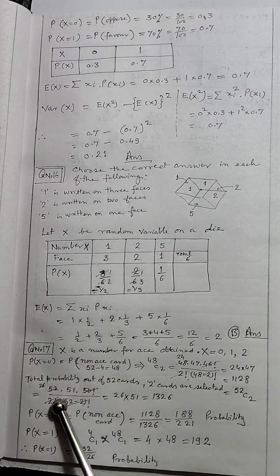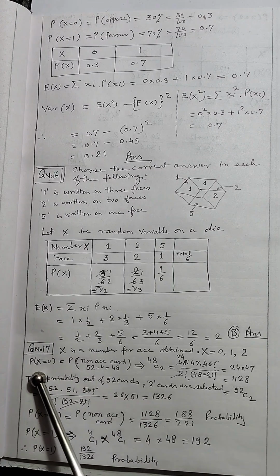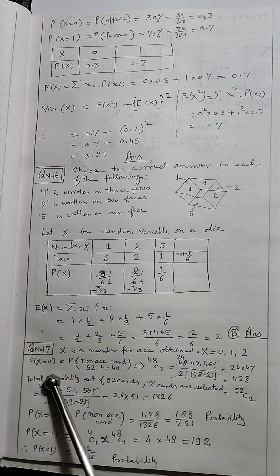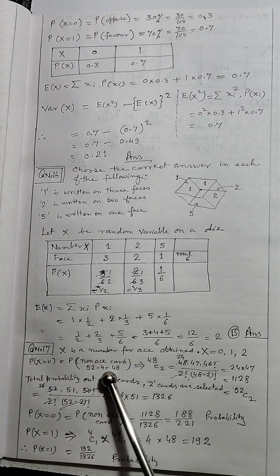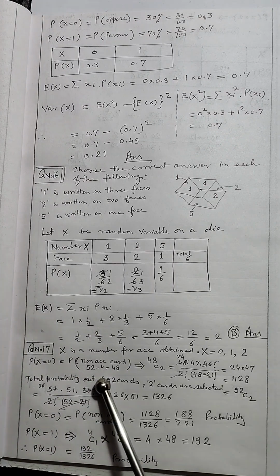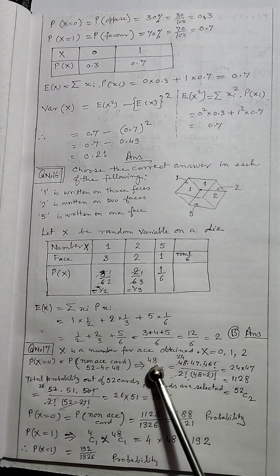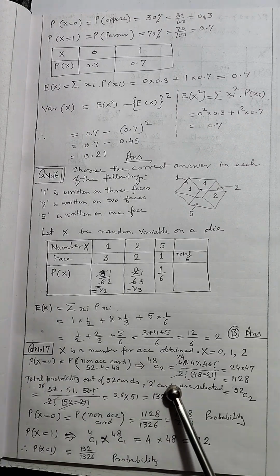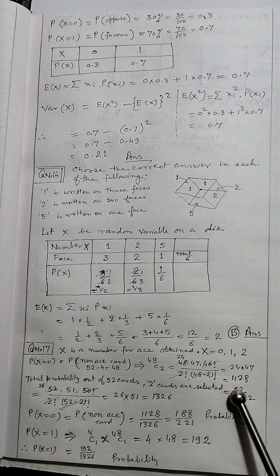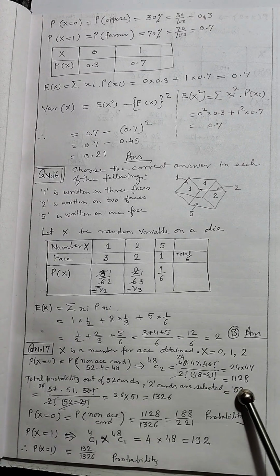Now you see, P(X equal to 0) means non-ace cards, that is 52 minus 4, that is 48. So 48C2 will be equal to 1128.